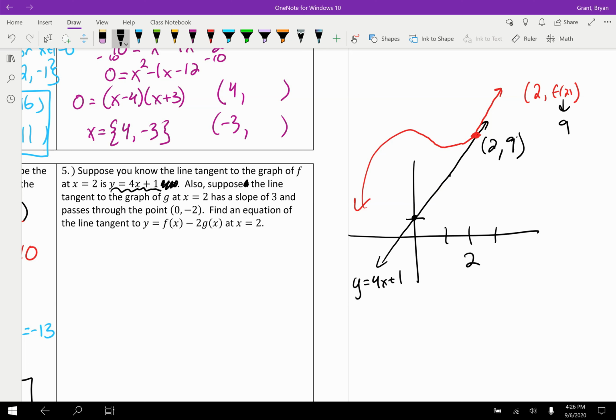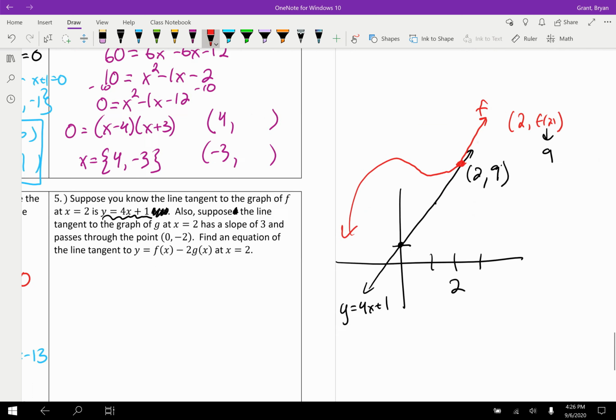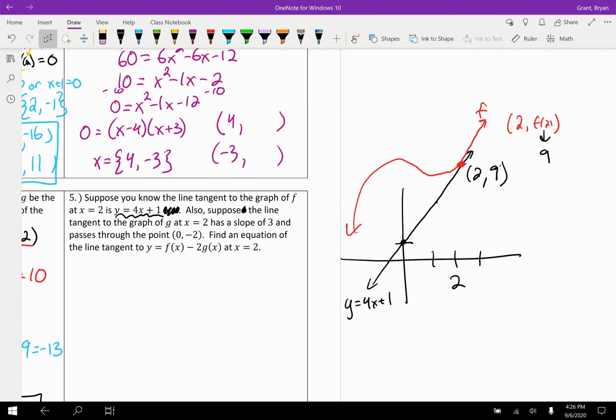We even know one further thing. And the further thing is our definition of tangent lines is that a tangent line shares the slope on the graph of f at their point of tangency. That's where we zoom in really far and they look like they're the same. They're parallel to each other. They're the same slope.